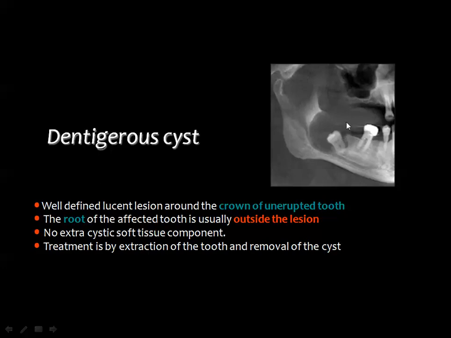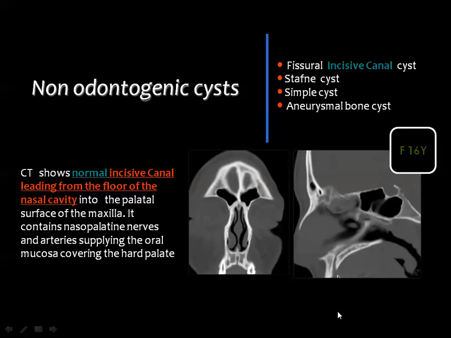This lesion has no extraosseous soft tissue component, and it is a benign lesion treated by extraction of the tooth and removal of the cyst. Then the non-odontogenic cysts, as I have mentioned, include the fissural or incisive canal cyst, the Stafne cyst, the simple and aneurysmal bone cysts.